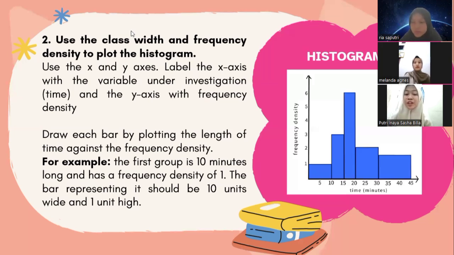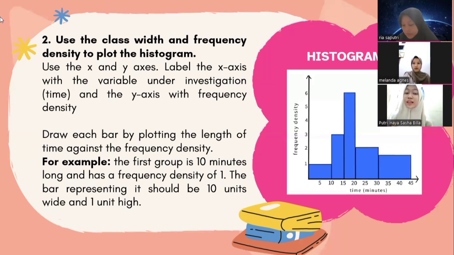From this explanation, is there anyone who wants to ask questions? Me, ma'am. Okay, Ria, what's the question? What is the difference between discrete data and continuous data? Okay, thank you, Ria. Nice question. I will answer Ria's question.